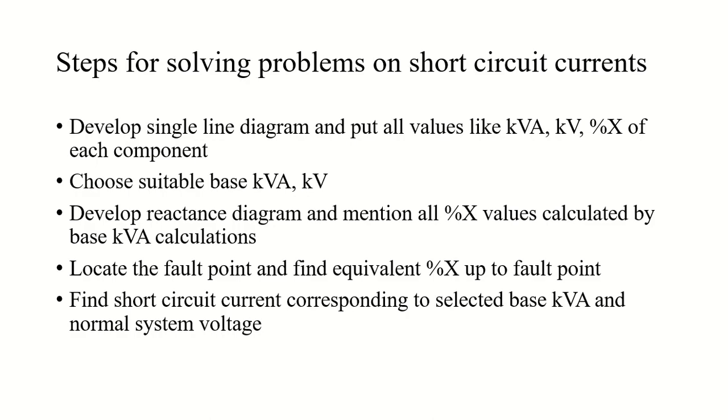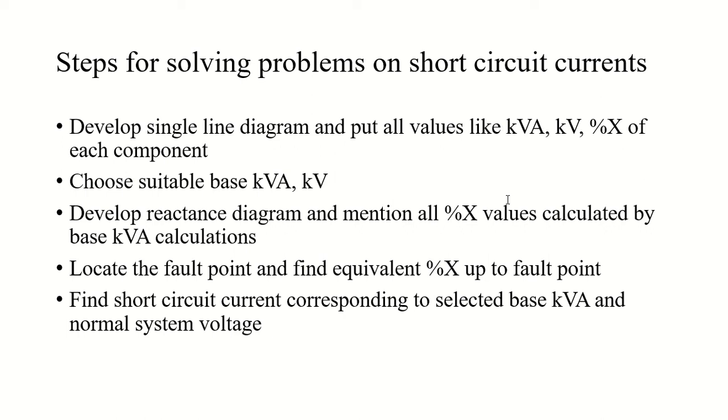Firstly, we will develop a single line diagram and put all the values we have: kVA, kV, percentage reactance, percentage impedance of each component. So first draw the single line diagram, and in that diagram calculate and put the values of all these percentage impedance, per unit kVA, per unit kV.